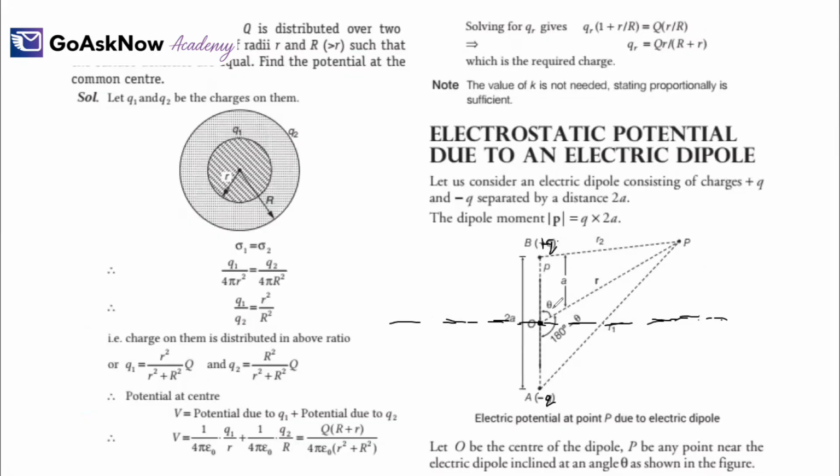So we will take the distance from the center of the dipole. Let O be the center of the dipole, and P be any point near the electric dipole inclined at angle theta. P is a general point in this plane, which is inclined at angle theta with the center of your dipole. If this angle is theta, then this angle will be 180 minus theta.